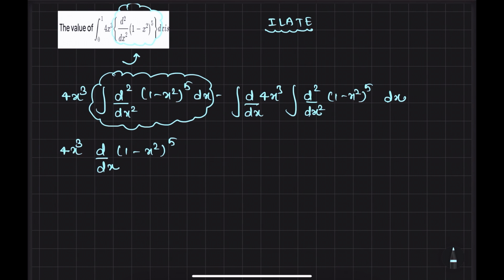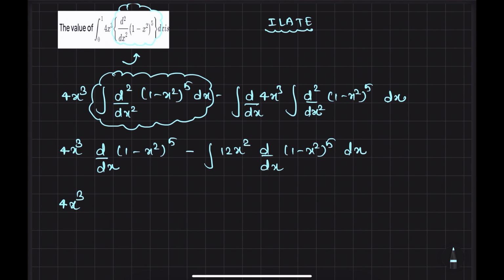Okay. Now move on to the next part. So 4 3s are 12 x square, and then again integration. So you will be writing d by dx of 1 minus x square power 5 dx. Now how will we respond? Again here you can differentiate, because now you have only differentiation.